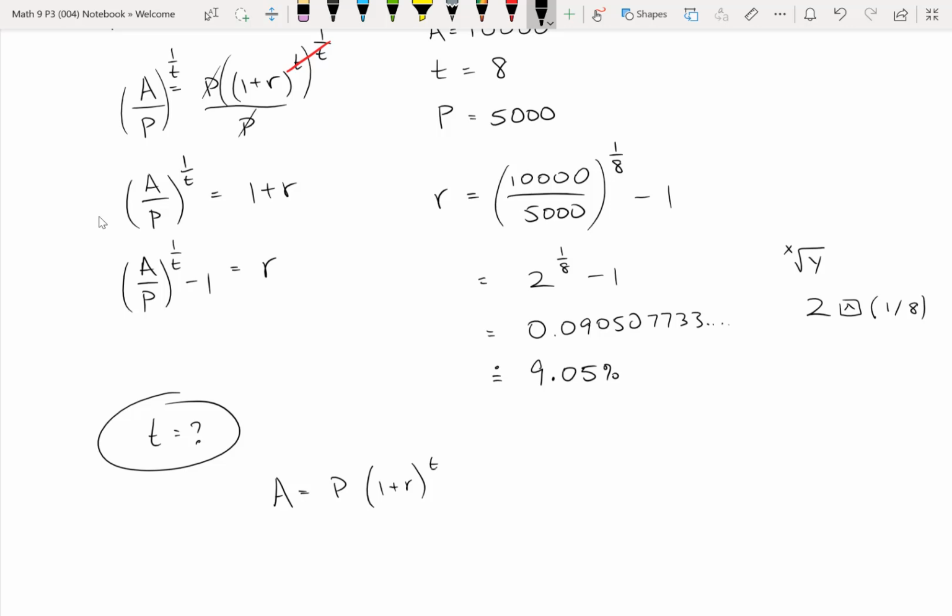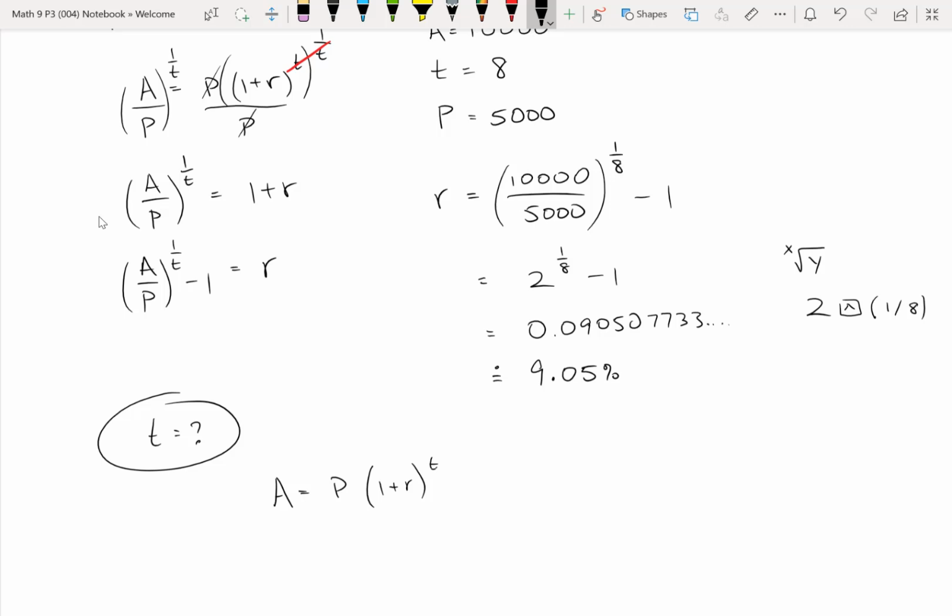Now, how do we get the t on its own? Unfortunately, the way to do this is with a function called logarithms. If you look at your calculator, you may see a button log or another button ln. Either one of those will help you, but we don't learn logarithms in Math 9. You're not going to learn those for a couple of years.